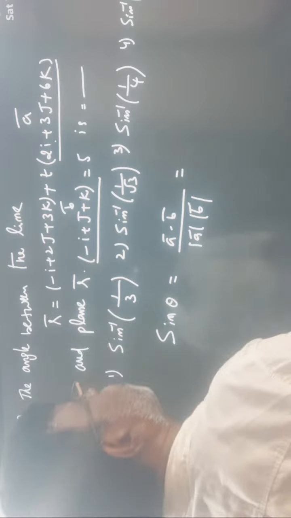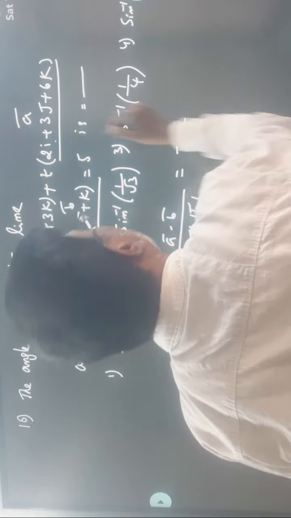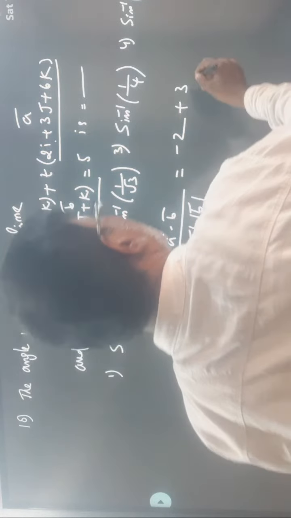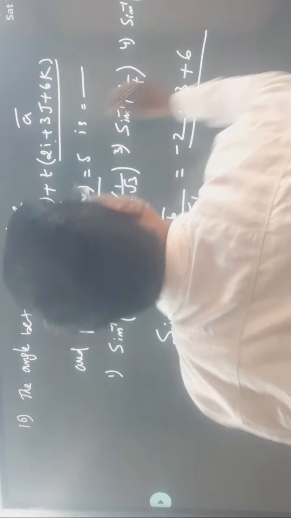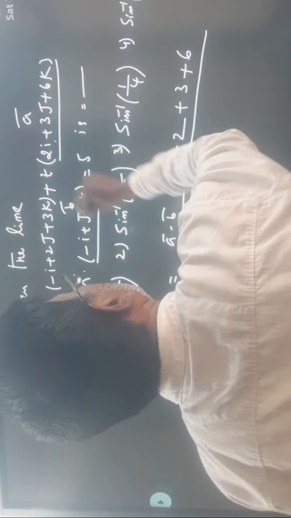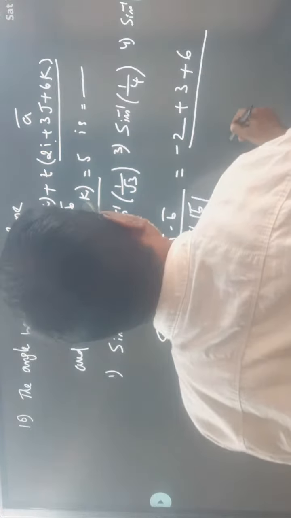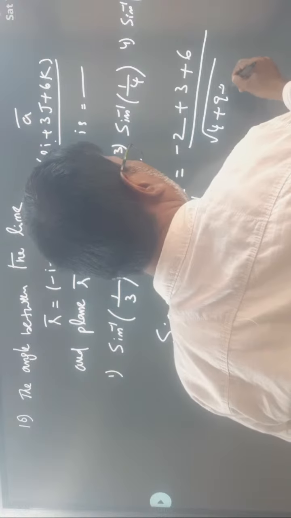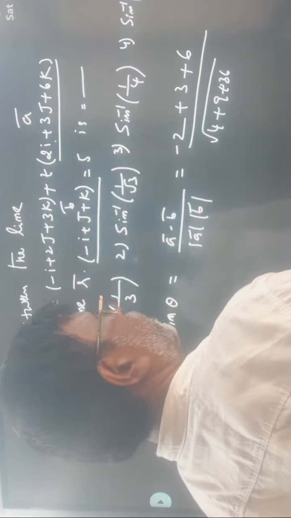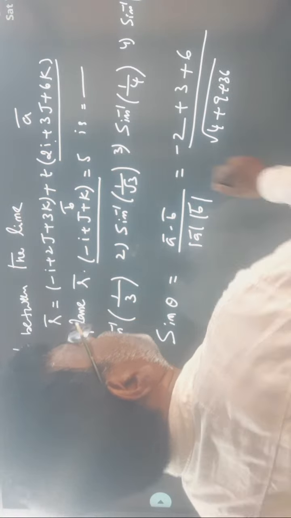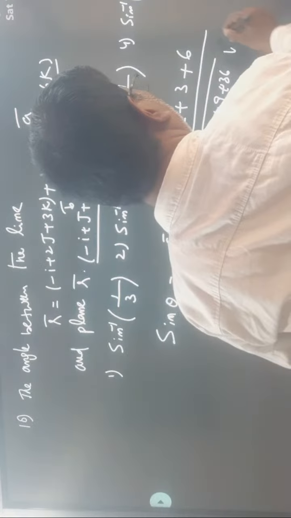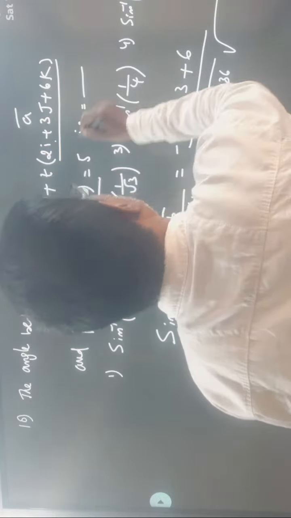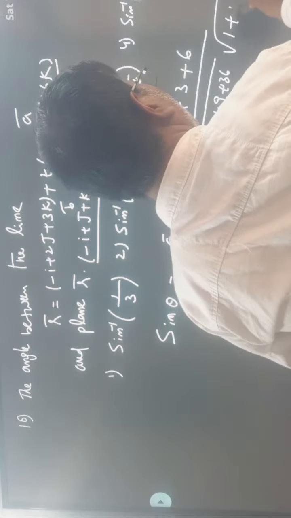A dot B is minus 2 plus 3 plus 6, by root of 4 plus 9 plus 36, by mod of the other vector, which is 1 plus 1 plus 1.